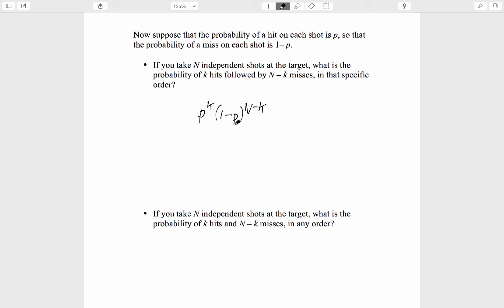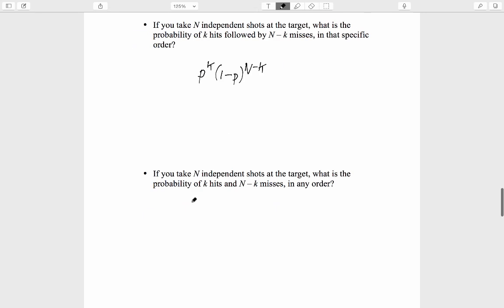This is for just one specific order of the k hits and all the rest misses. If you take n independent shots at the target, what is the probability of k hits and n minus k misses in any order? Think for a moment what this should be. It should be the answer to our previous question multiplied by how many such outcomes there are, and that is n choose k outcomes that are of this form, with k hits and all the rest misses.